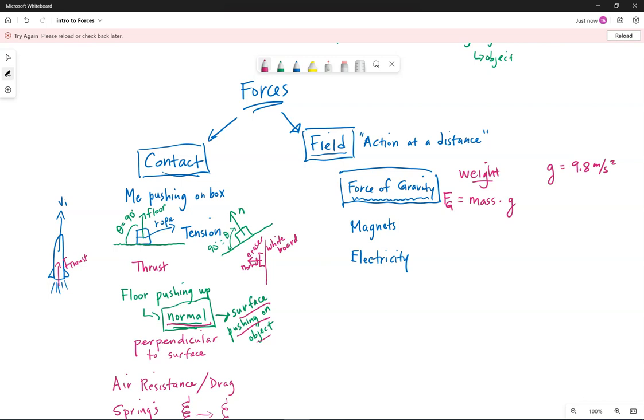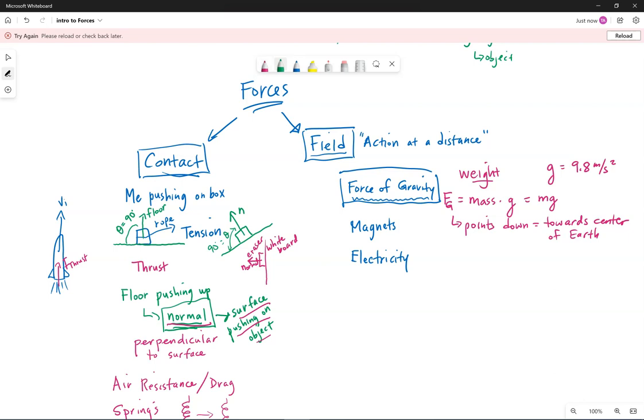We do know that the actual acceleration points downwards. So the force of gravity points down, meaning towards the center of the earth. So we write the force of gravity as just m times g.